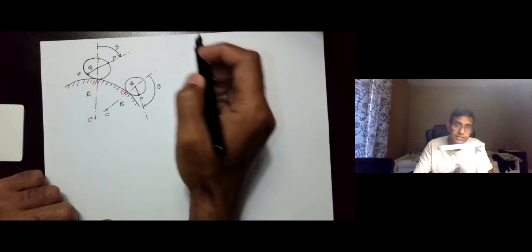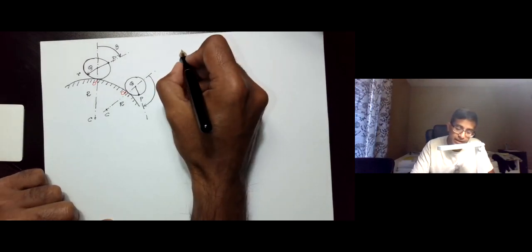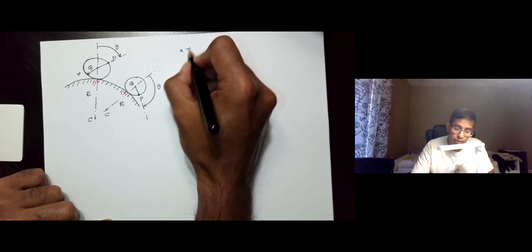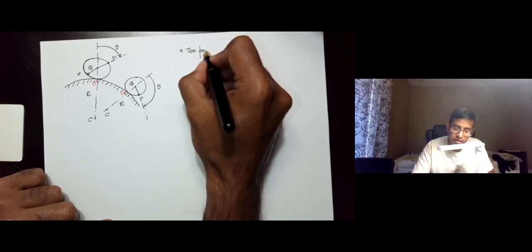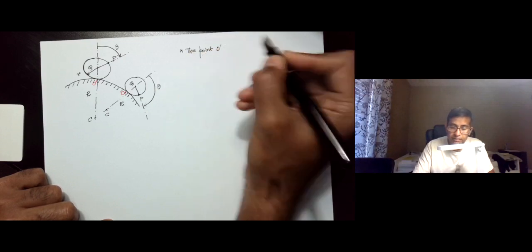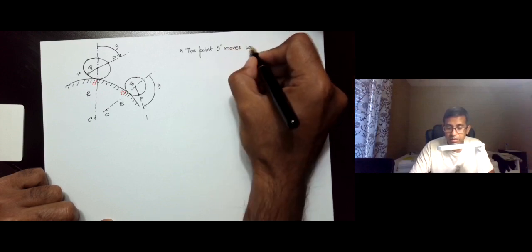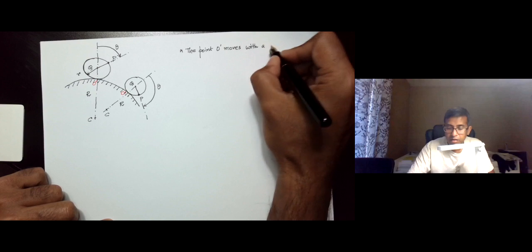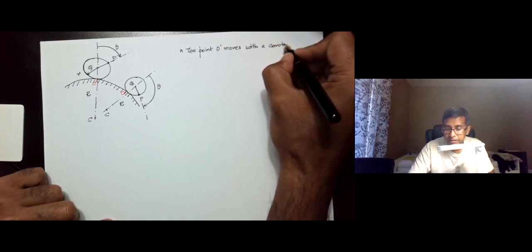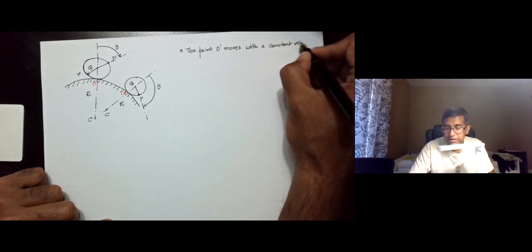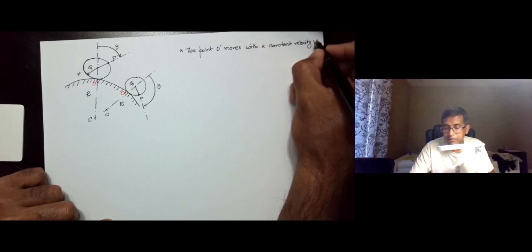And another condition that is given is that the point O prime moves with a constant velocity v naught.